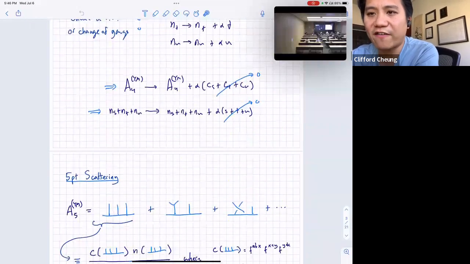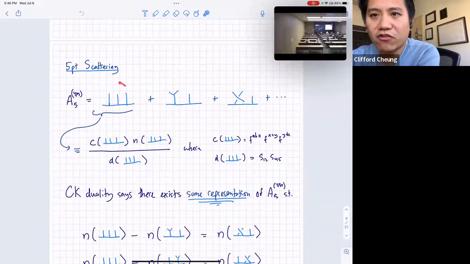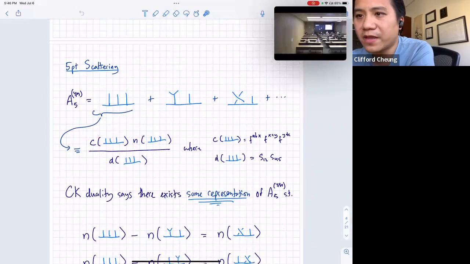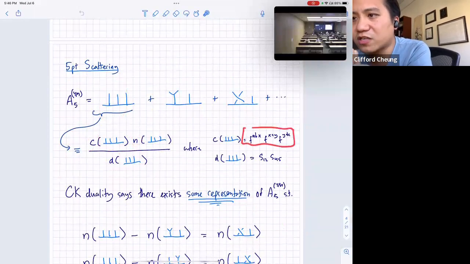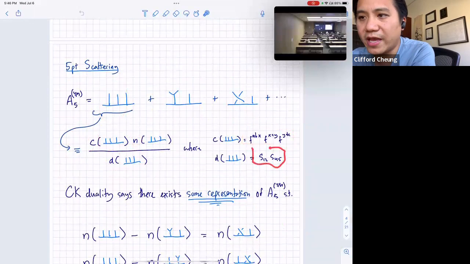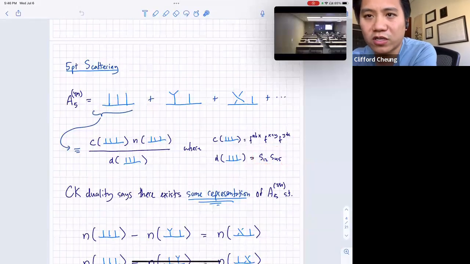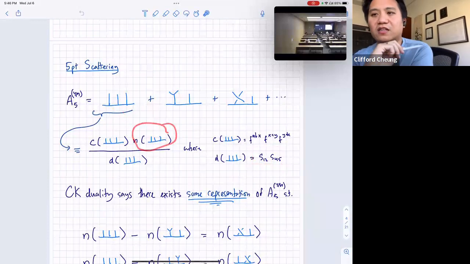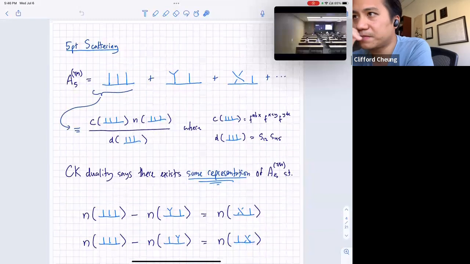You can do the same thing at 5-point, where a diagram like this corresponds to some color factor, kinematic numerator, and denominator. To be very concrete, for this particular term, this color factor would be a product of structure constants. This denominator would be S12, S45, corresponding to this propagator and this propagator. And then the numerator is some complicated product of polarizations and momenta and so on.